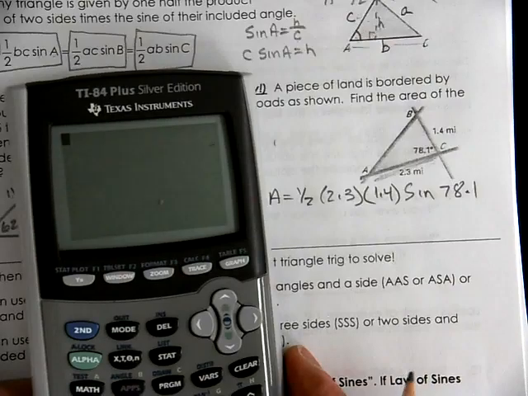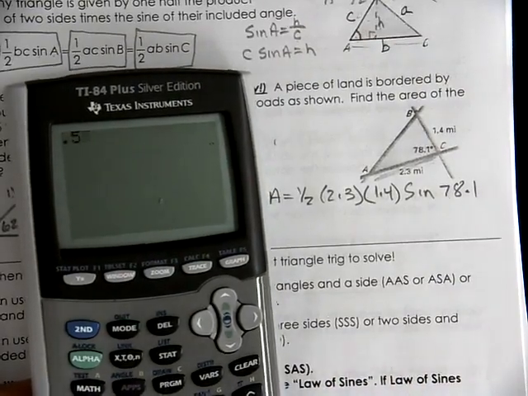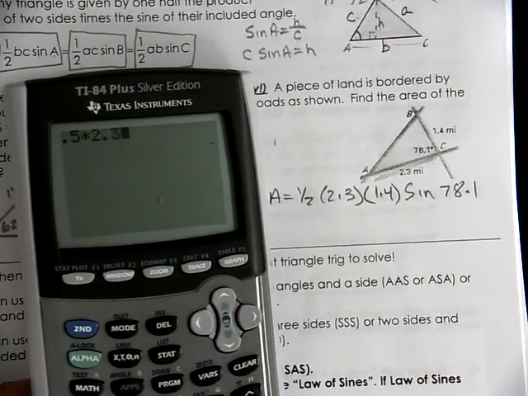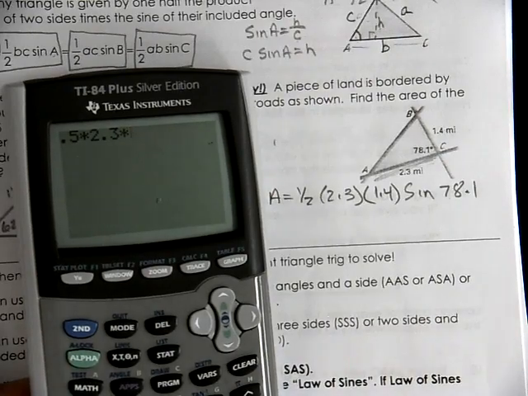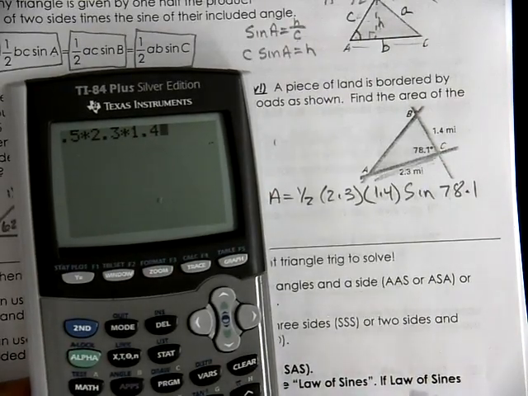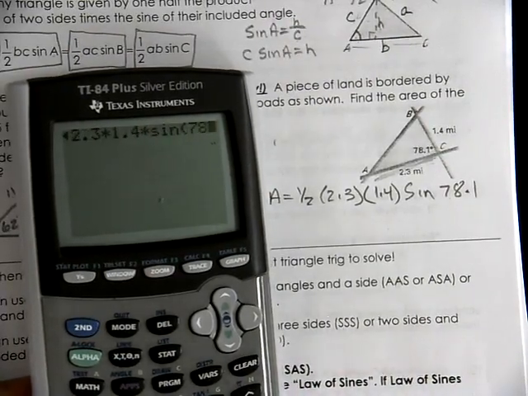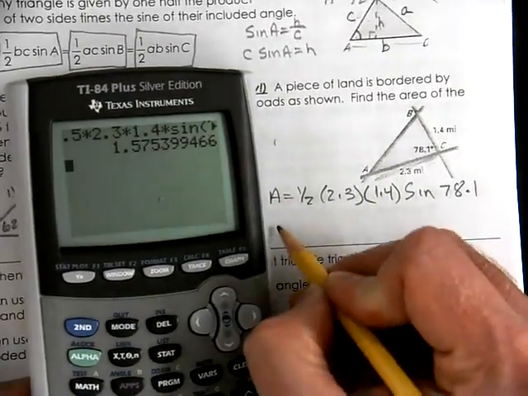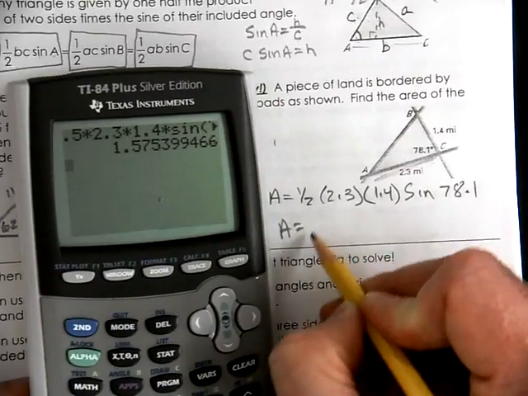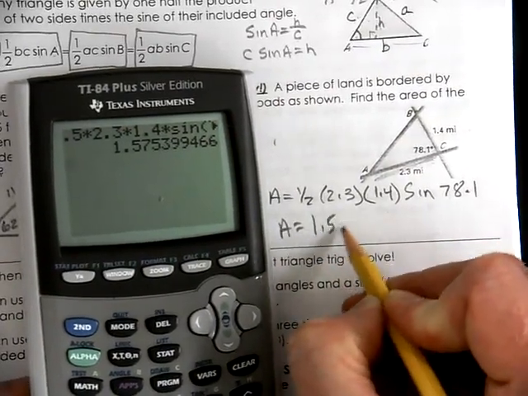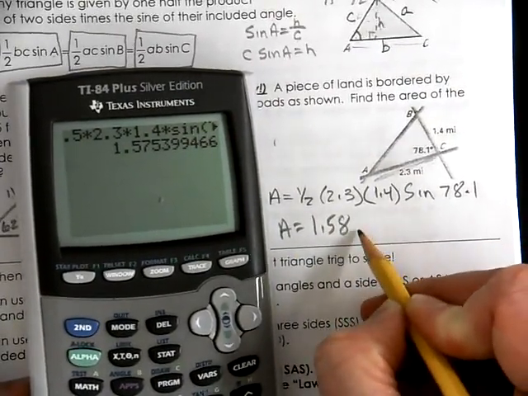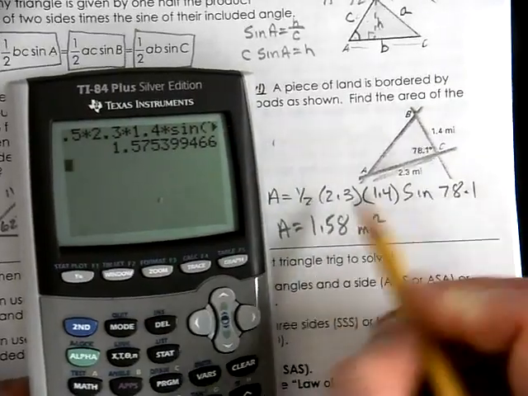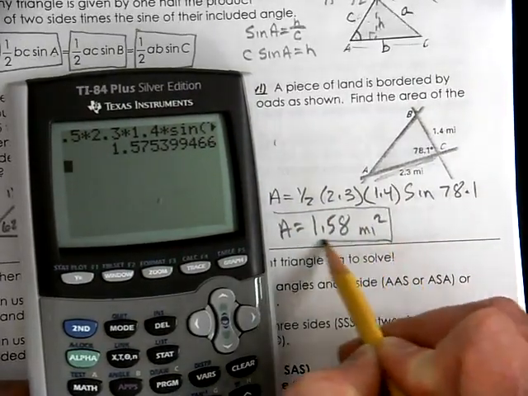It's all multiplication. 0.5 times 2.3 times 1.4 times the sine of 78.1, and we get, it's always surprisingly small here, 1.58. These are miles squared, or square miles.